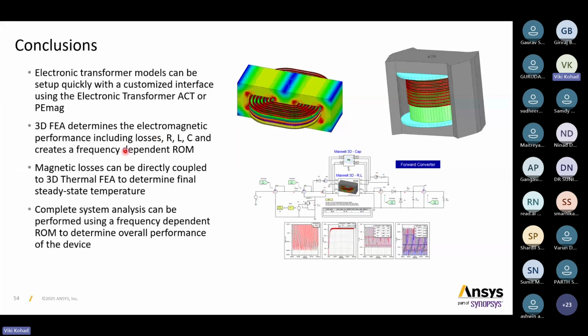Then the coupling between the electromagnetic and the thermal, the two types of couplings we see, and in a two way we can couple our electromagnetic and thermal parameters. So for now the presentation is over.